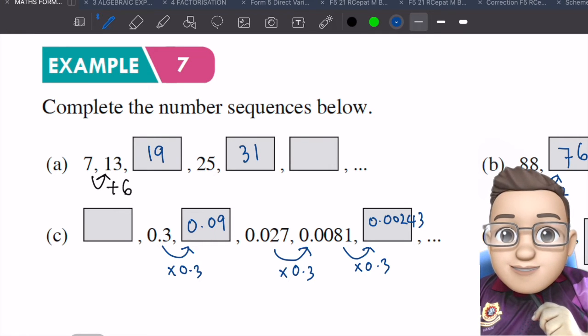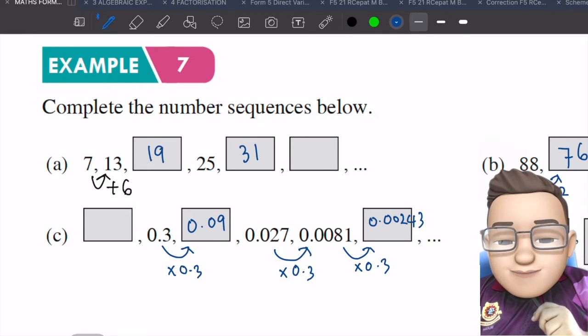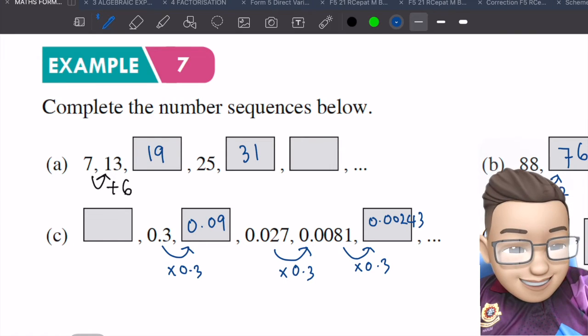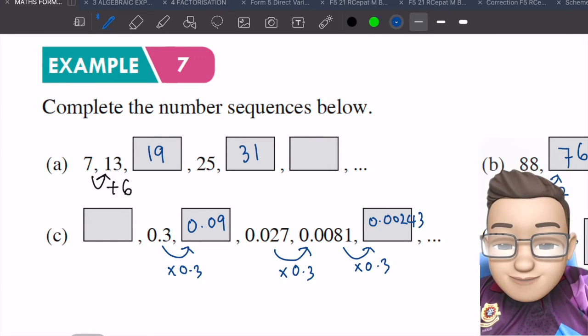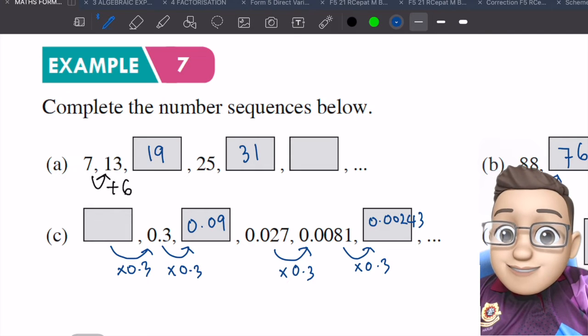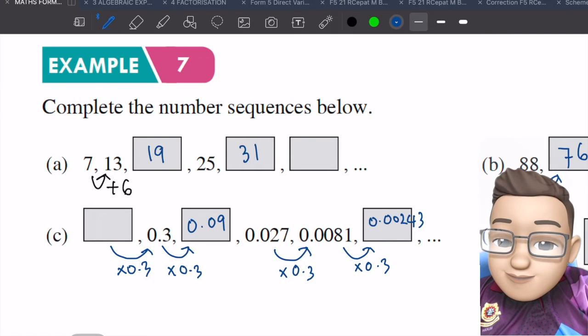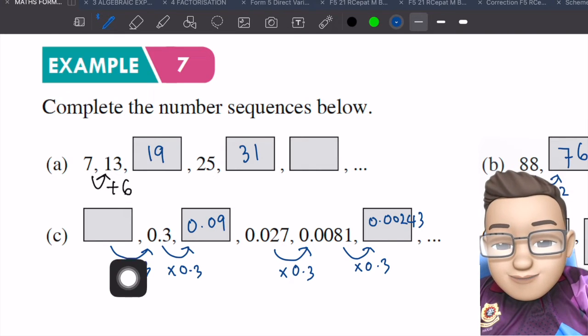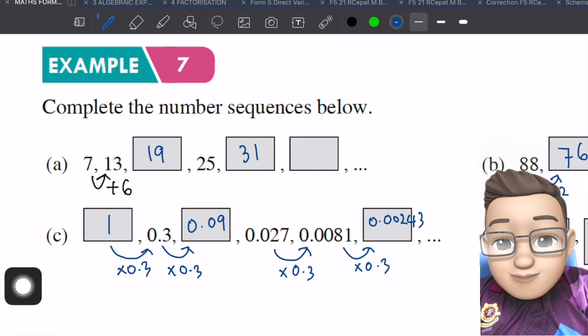What can you do? Did you multiply it? No. What you need to do is, you know that the first box must multiply by 0.3, so it will get the second number. So you can just divide it. So 0.3 divided by 0.3, you will get 1.